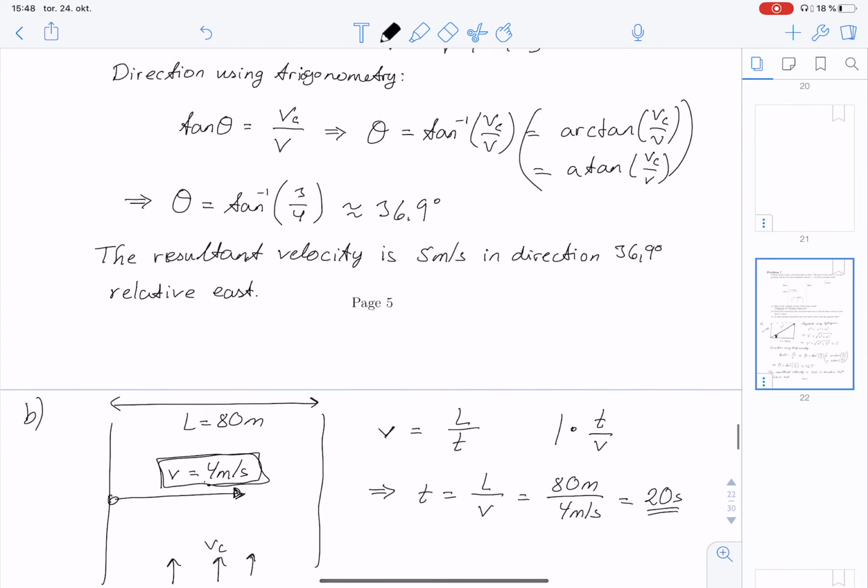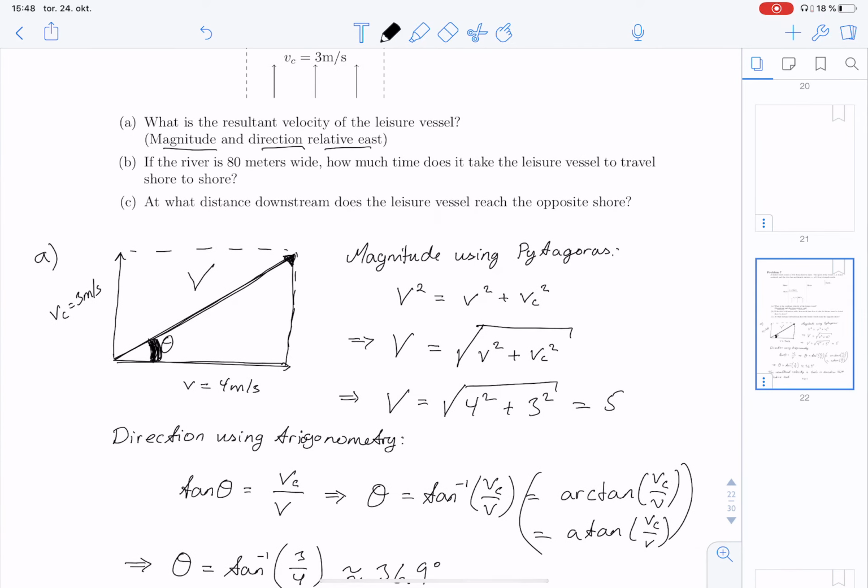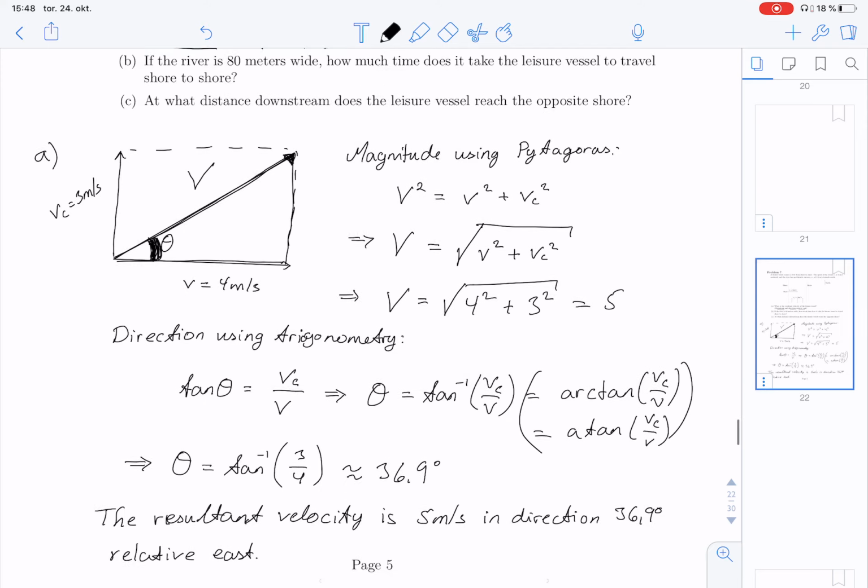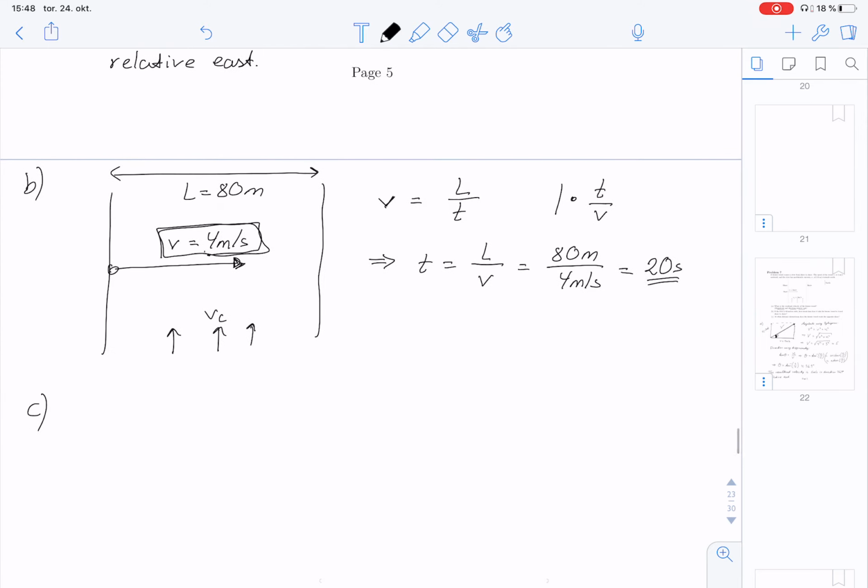In C, at what distance downstream does the leisure vessel reach the opposite side? Okay, so what we have now is that our vessel uses 20 seconds to get from one shore to the other shore. Meanwhile, the current drags the vessel downstream.